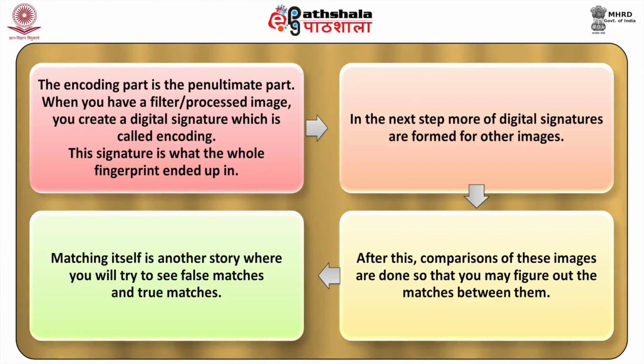Now in the next step, more digital signatures are formed for other images as well. After this, comparisons of these images are done so that you may figure out the matches between them, or you can compare them based on certain match points. Matching itself is another story, where you will try to see the false matches and the true matches.